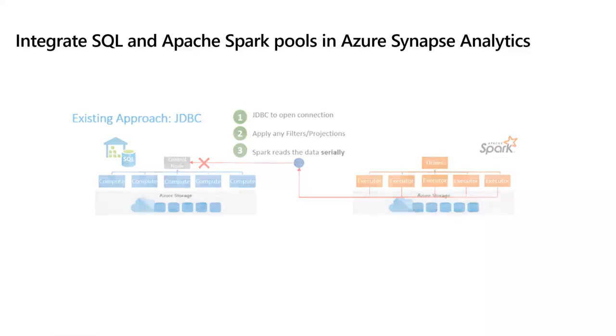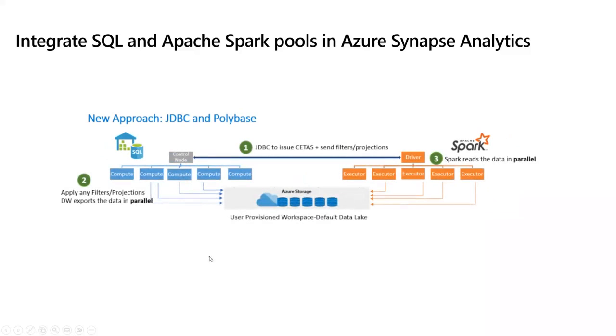So let me show you here. That's what we would do to make Spark read data in parallel. So we will use this data lake that we have. And therefore, we're going to efficiently transfer data between the Spark cluster and the Synapse SQL instance. Okay. So it's also possible to write a data frame into a dedicated SQL pool using those connectors.